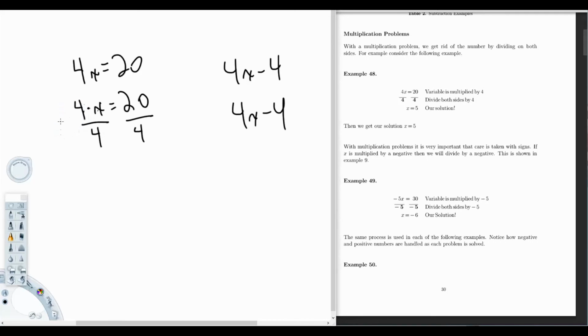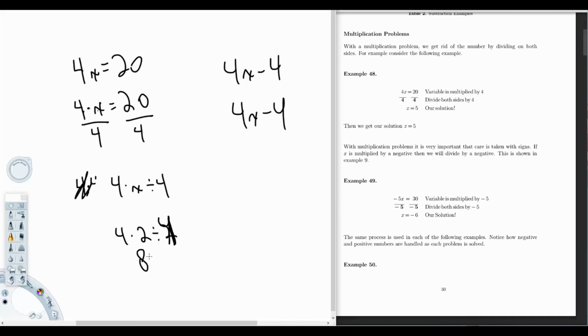So let's take a look at this. What they're saying here is 4 times x divided by 4, right? Let's say we knew x. Let's say it's 2. So it's 4 times 2 divided by 4.